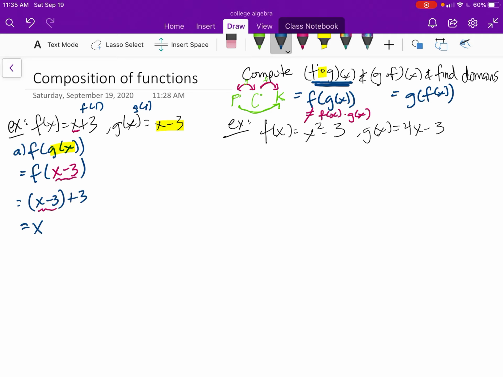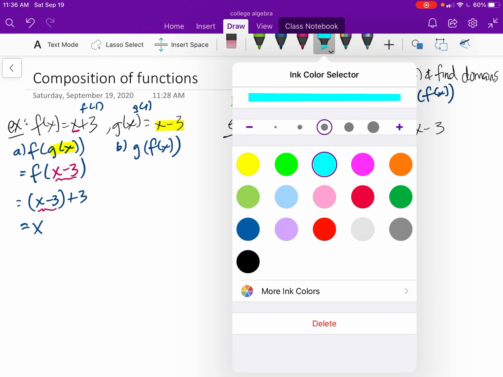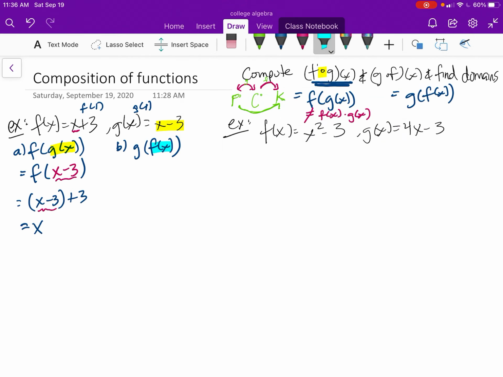All right. Now let's look at g, I'm sorry, b. So for b, what we're going to do is g of f of x. Same procedure here. Let's do a different highlight. I know f of x. It's x plus 3. So I'm going to write that in for f, but then it says to take g, look at the g function and substitute x plus 3 in for x.